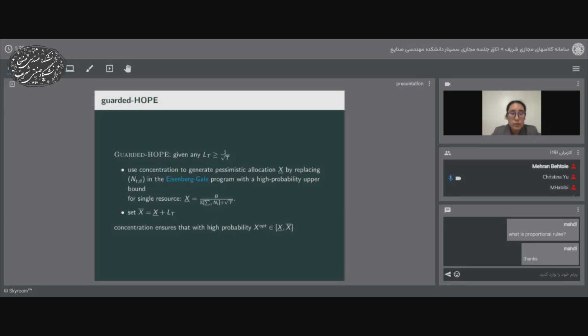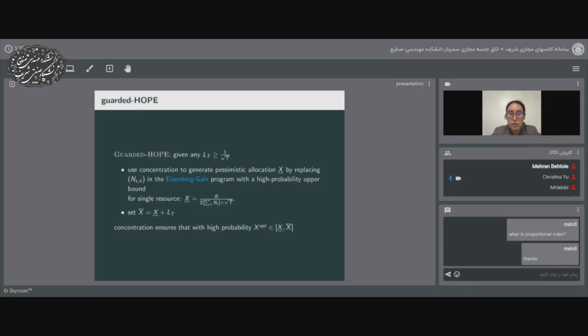In the general multi-resource setting, you need to show concentration of the optimal solution to the Eisenberg-Gale program for the general multi-resource setup, which is slightly more complicated.